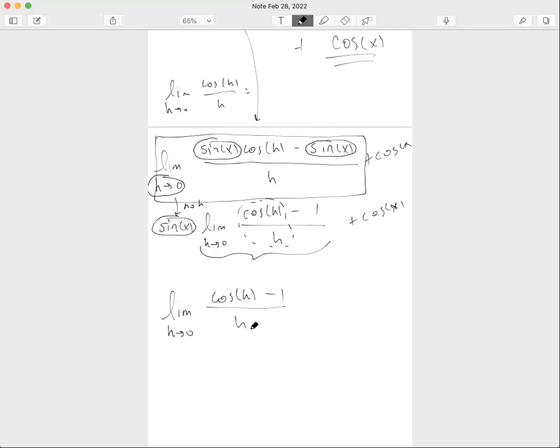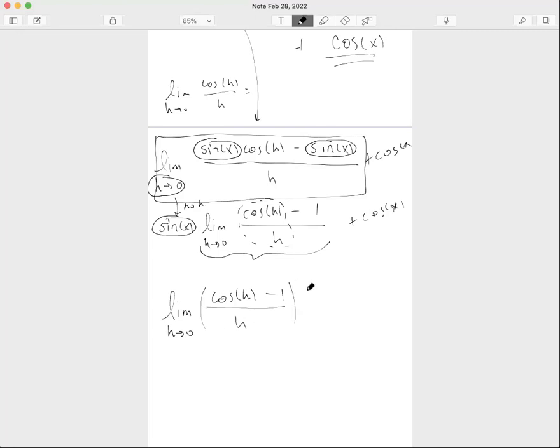Wait, wouldn't that only work if it's cos squared? Well, maybe you can multiply something to get it to cos squared, right? Maybe not just cos, but something else. Cos plus 1, yeah.